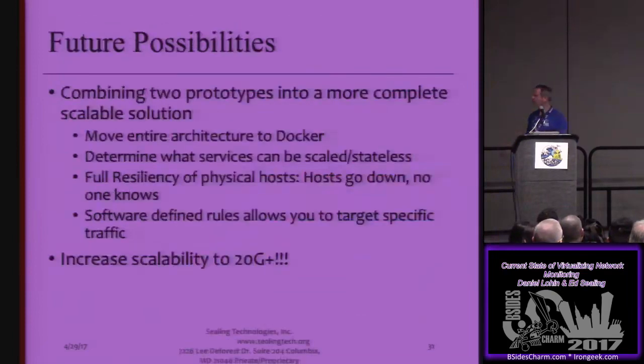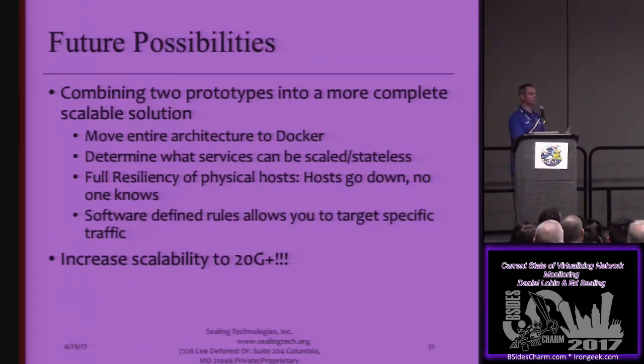Okay, so where we're going with this, we're going to combine these two things together and start scaling out horizontally. We're still learning the engineering challenges of virtualizing a lot of this network monitoring stuff, but we think we've got a lot of those problems licked now between the two proofs of concept that we did. So we're going to take what Dan's done on his home network, and we'll work together and basically Dockerize all of it.